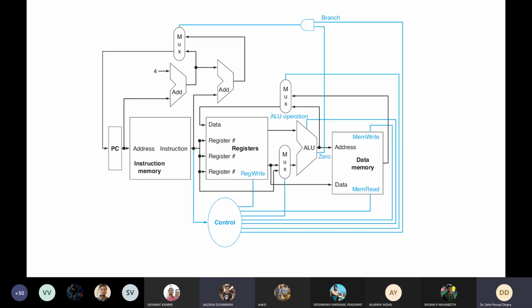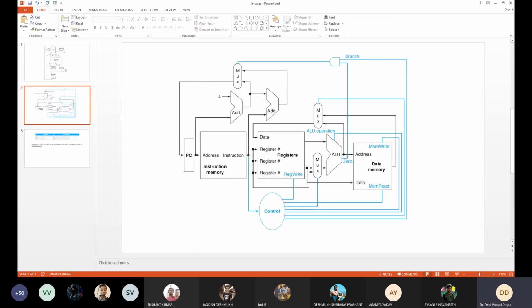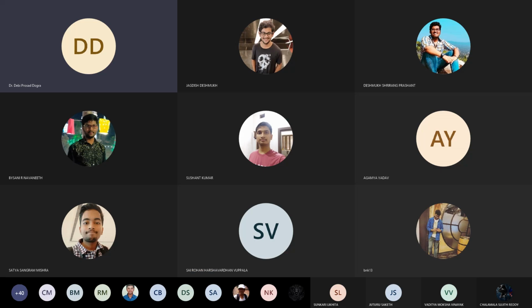Can you show the circuit? What I am doing now is sending this circuit in the chat box so that you can copy it.